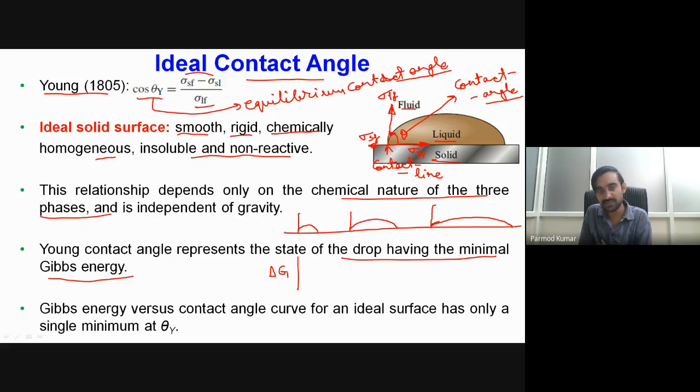If I plot the Gibbs energy delta G as a function of theta, where theta Y represents the Young's contact angle, or initially I can call it theta, any contact angle, then for an ideal solid surface the curve will look something like this, with only a single minimum. That single minimum of energy corresponds to our Young's contact angle theta Y. So for an ideal solid surface, we have only a single point at which our Gibbs energy is minimal.